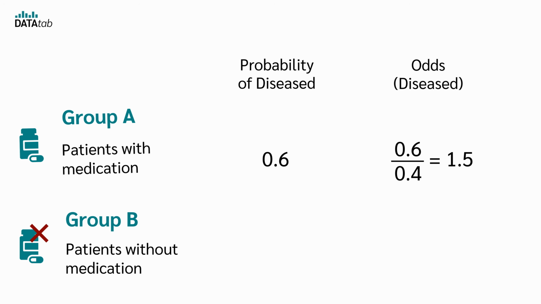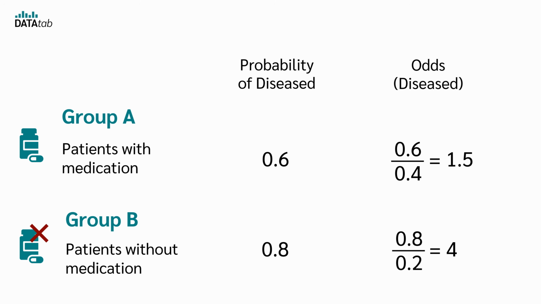In our case, in group A, the likelihood of being diseased is 1.5 times higher than the likelihood of not being diseased. Let's say in group B, where the patients didn't get the medication, the probability of getting diseased is 80% or 0.8. So the odds in group B of getting diseased are 0.8 divided by 0.2, so 4.